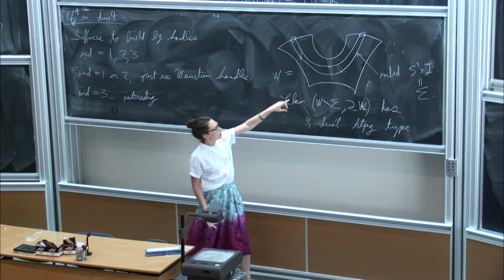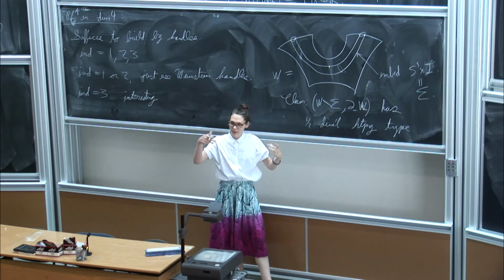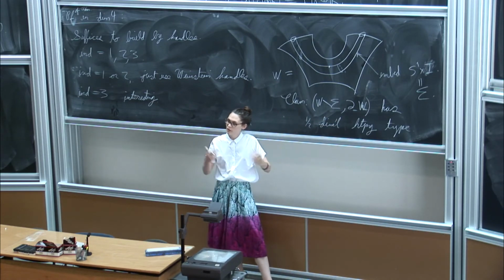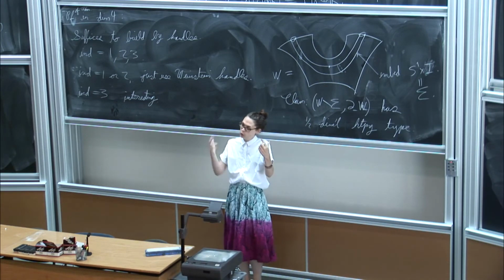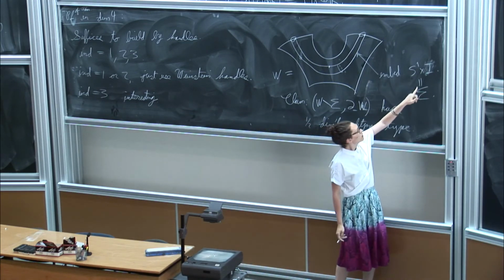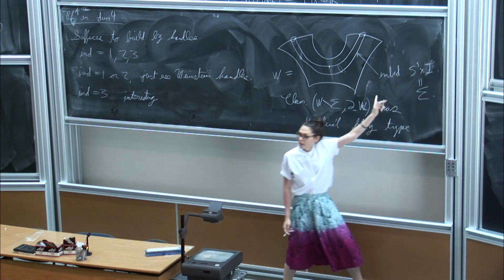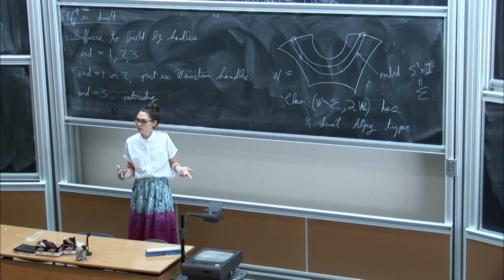I'm just undoing the surgery. Well, I'm not quite doing that. Instead of doing D2 cross I, I'm kind of drilling out the middle of this. But if you think about it, what do I need to add to drill out the middle of this origin cross I in the disk cross I? Well, that's exactly a 2 handle.